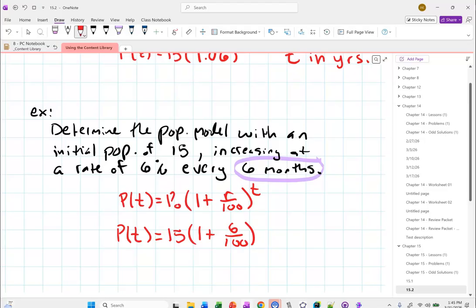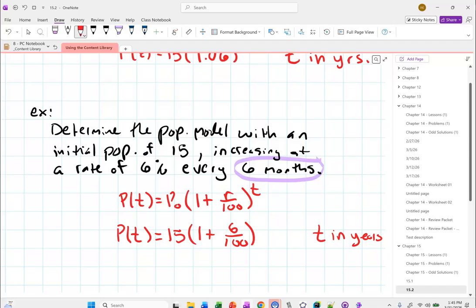Or if you wanted to be a little more obtuse, maybe you could say t in weeks. Or 6-month intervals. And depending on what unit we want to choose for t, we'll alter this equation slightly to represent that. Everybody's okay with that? Now, probably most naturally, we'd want to pick t in years.